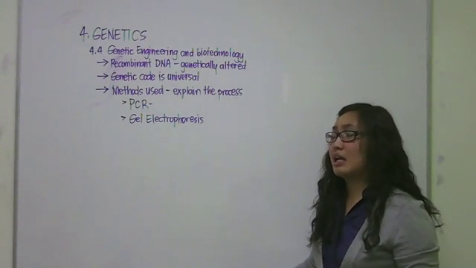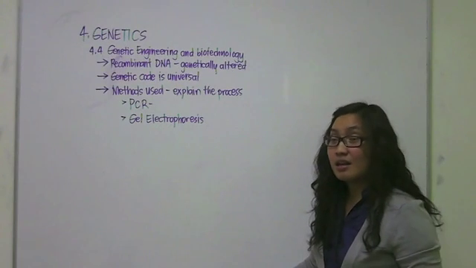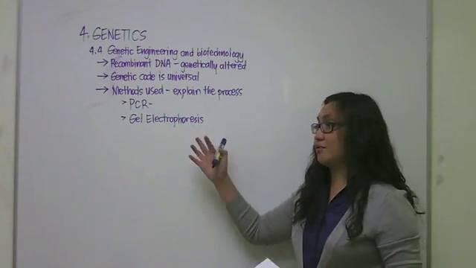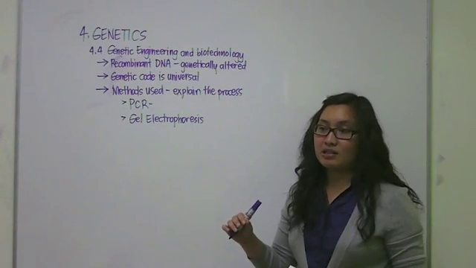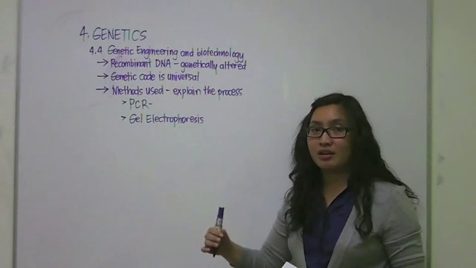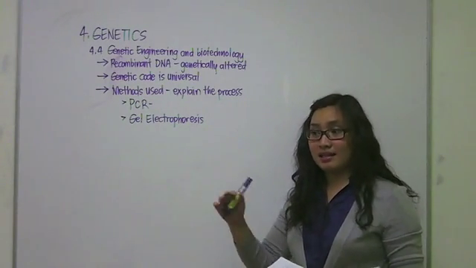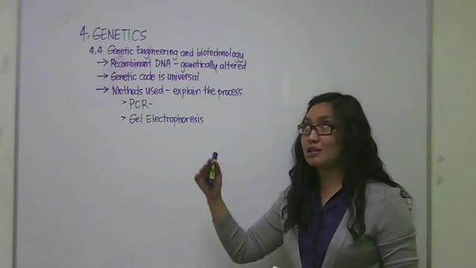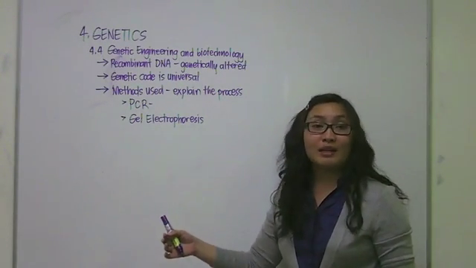Let's just say in the case of paternity tests, if the bands used in electrophoresis are very, very similar to each other, it means that the DNA fragments of these two individuals are related to each other.